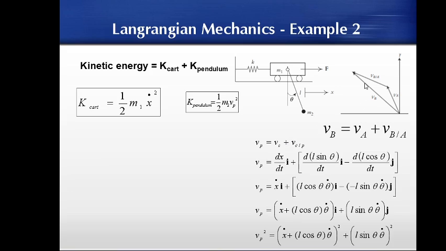Now if you find the point from 0 to the cart, in this case there is only linear displacement, or the displacement is only in the direction of x. So I can say that the velocity from origin to this point is equal to the derivative of that particular displacement, that is dx by dt, by the amount of x.